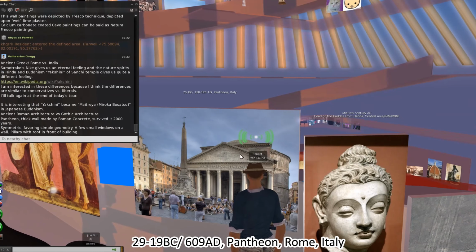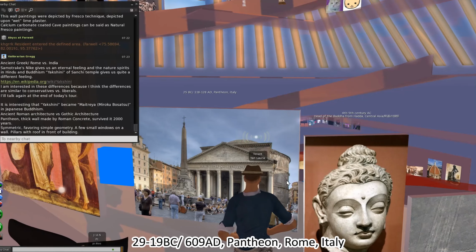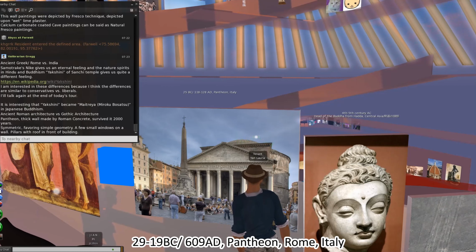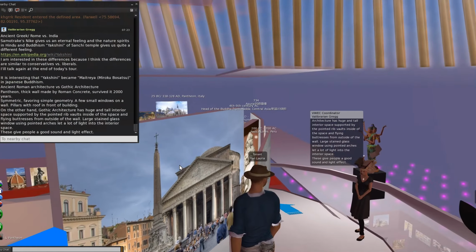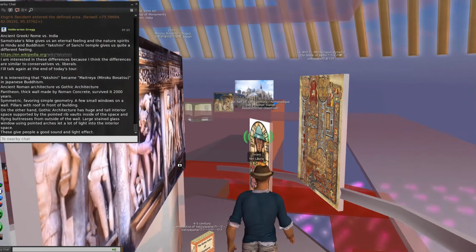Symmetry and favoring simple geometry: circles or rectangles, few small windows on the wall, and pillars with a roof in front of the building. This is the Roman style. Please remember. I go down.